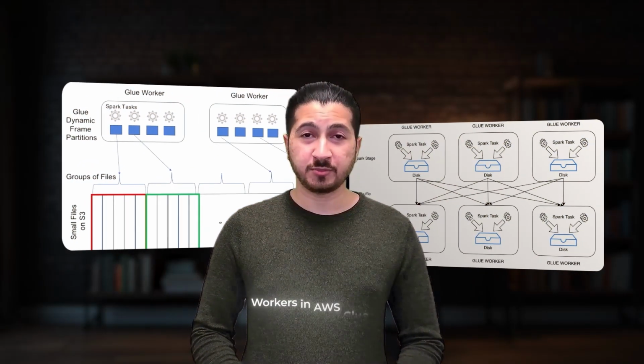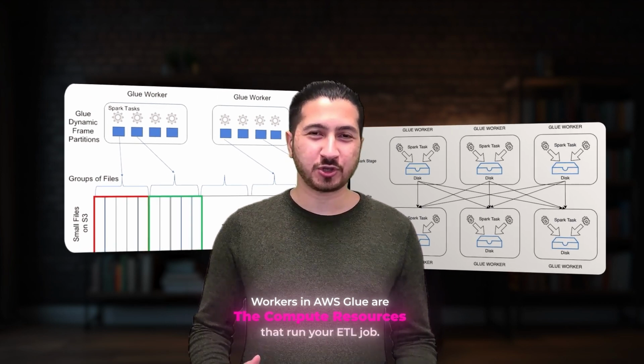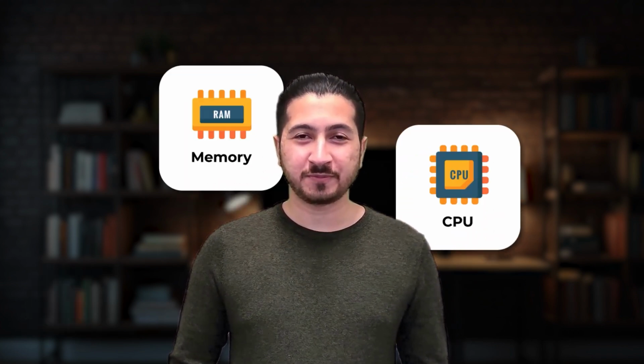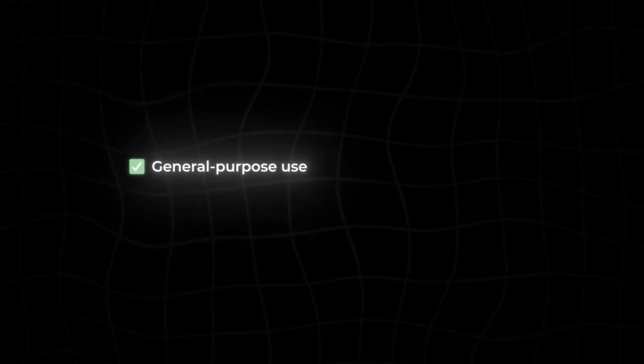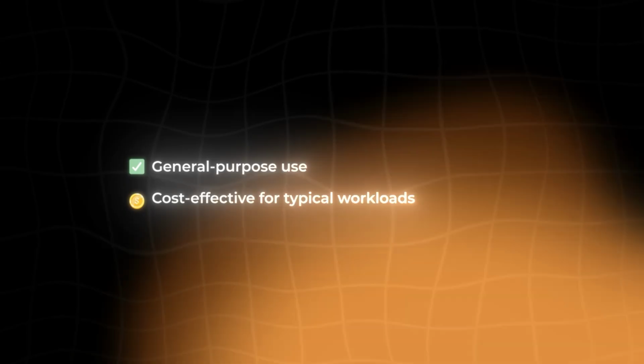And the last thing you need to know about ETL jobs is workers. Workers in AWS Glue are the compute resources that run your ETL job. When setting up a job, you choose the type of worker based on how much memory and CPU your transformations need. The standard worker is the default option. It's good for general-purpose tasks and is the most cost-effective for typical workloads. We also have G1X and G2X workers.